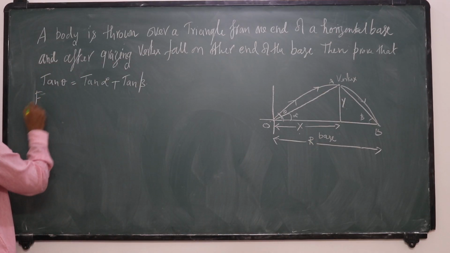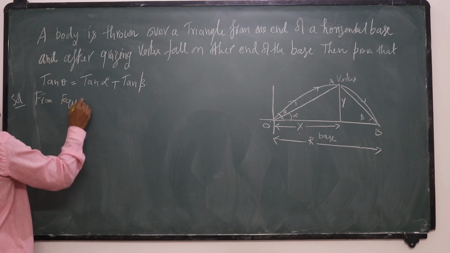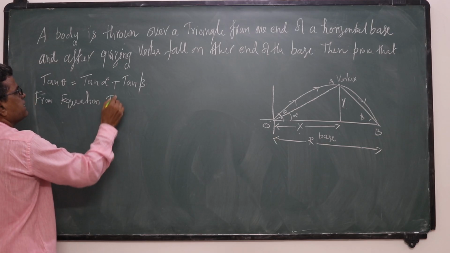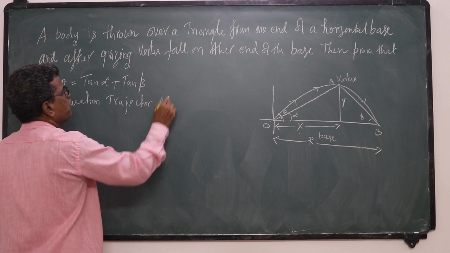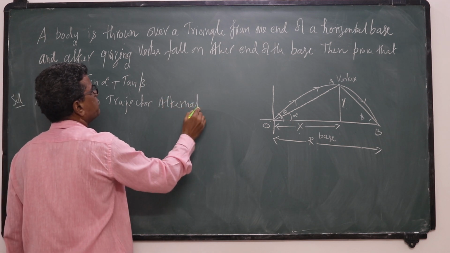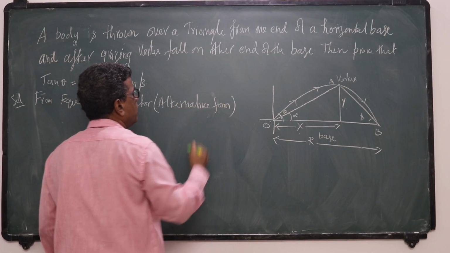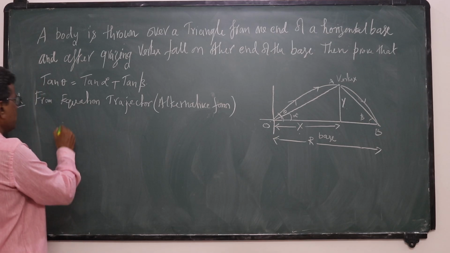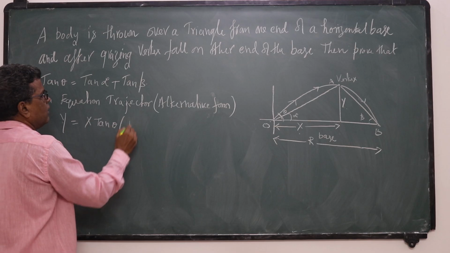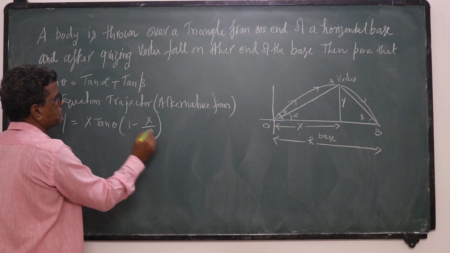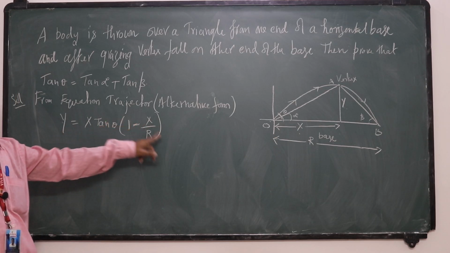How are y, x and r related? From the equation of trajectory, the alternative form. We know that y is equal to x tan theta times 1 minus x by r. We already proved this one.